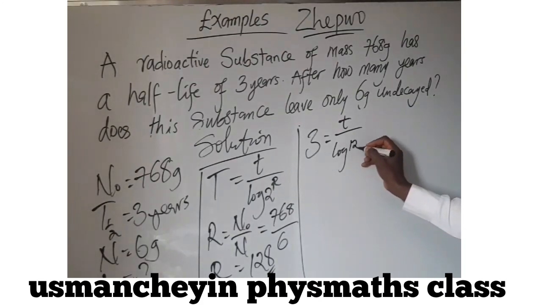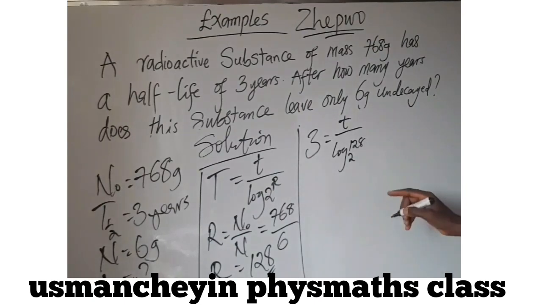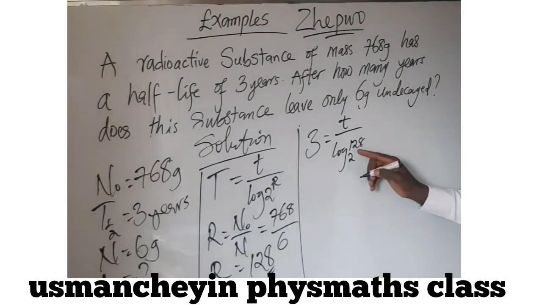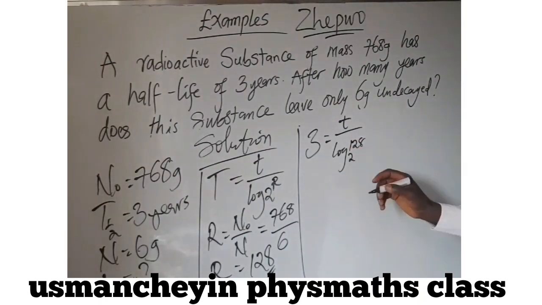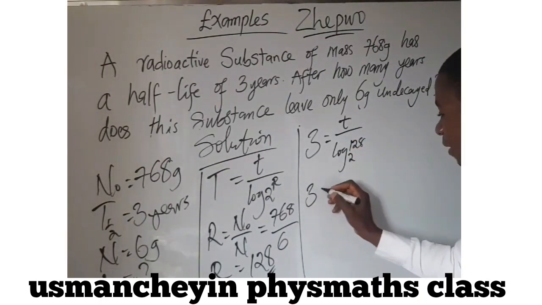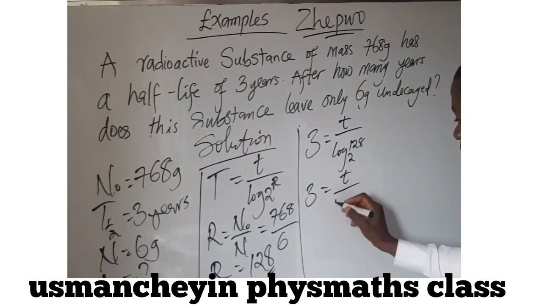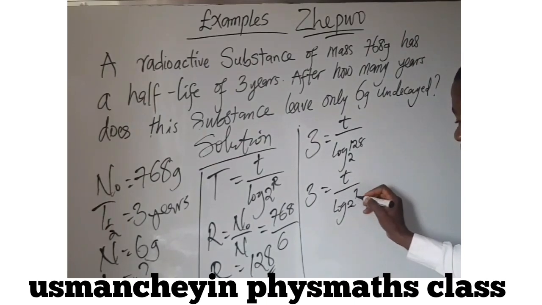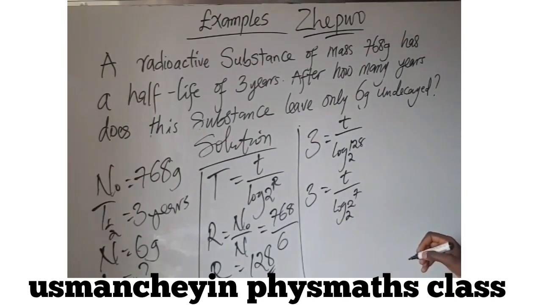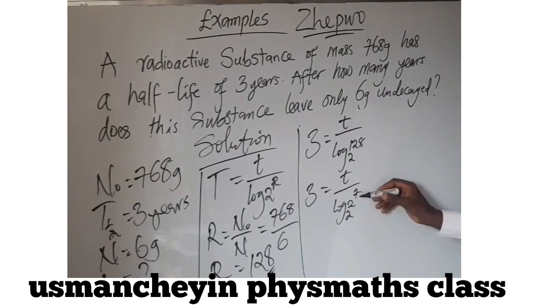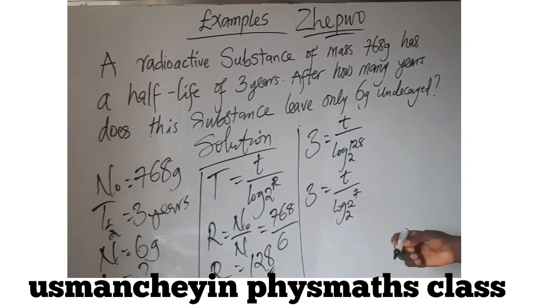the log 128 base 2. Now we need to look for a number that raised to a certain power will give us 128, and that will be simple. This is 3 equal to t all over log 2 raised to power 7 base 2. Now in logarithm, the power falls back to the front.